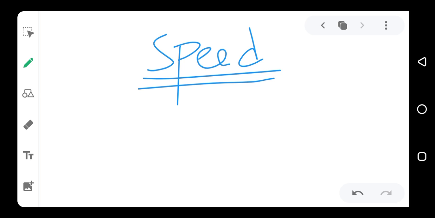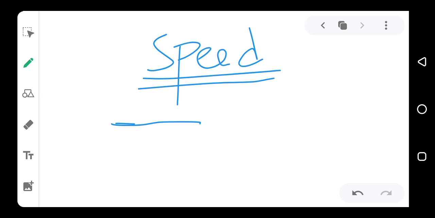Now, distance is differentiated from displacement by the fact that in distance, we don't know the direction. So, if a movement is made in a non-specific direction, that is, the movement is not in a straight line, then we consider it a distance.